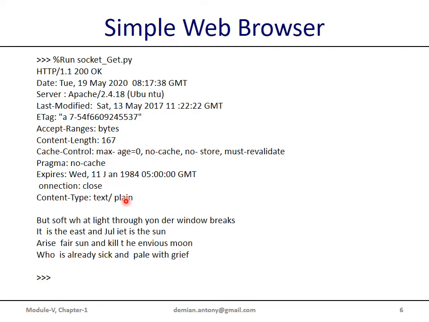So it's plain text, it is just a text. Then we have one blank line here, followed by the text file. So this is the text file that we have received from the server. This is the HTTP response header, which we are not interested in, and this is the actual content that is received from the server.